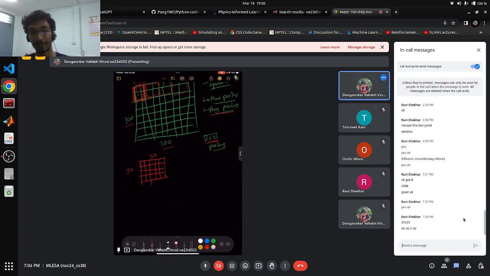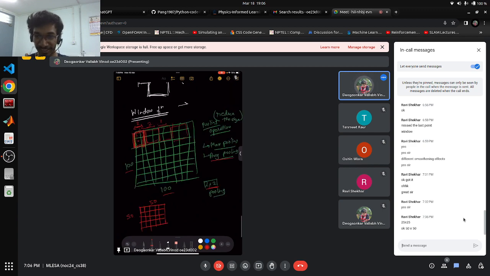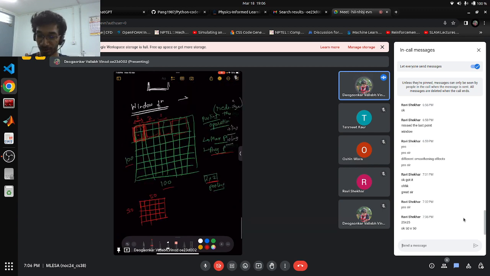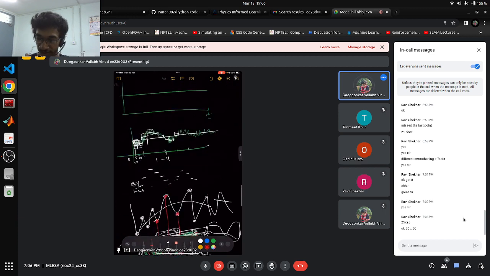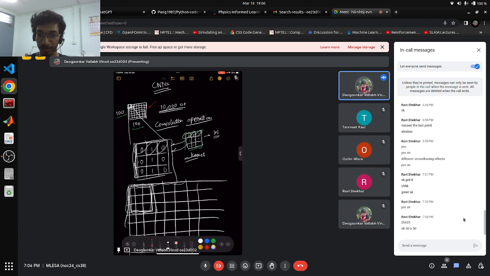Right. So what you ended up doing in this entire procedure that I just described is, you first had the 100 cross 100 input image. You applied a kernel function on top of it.